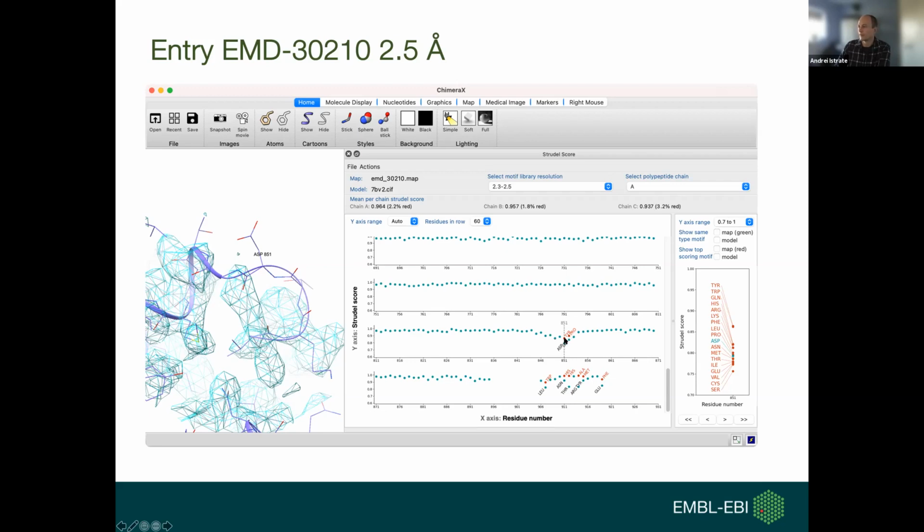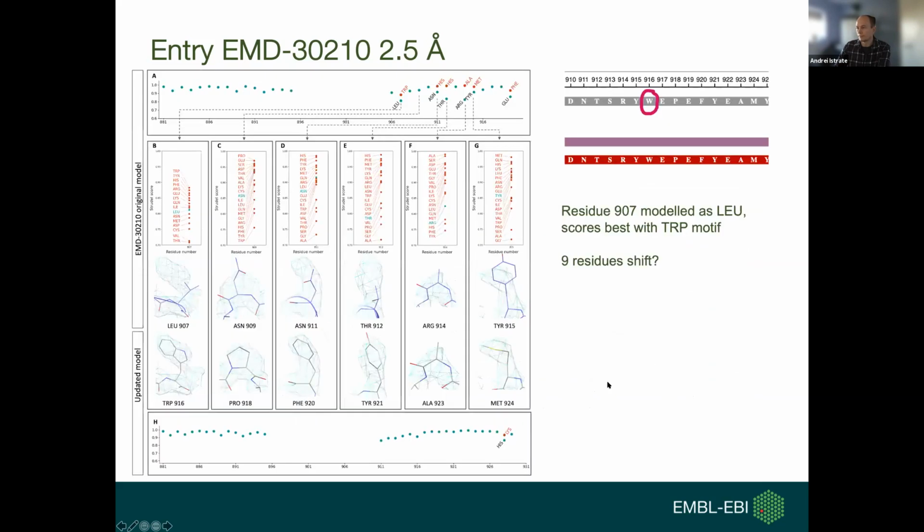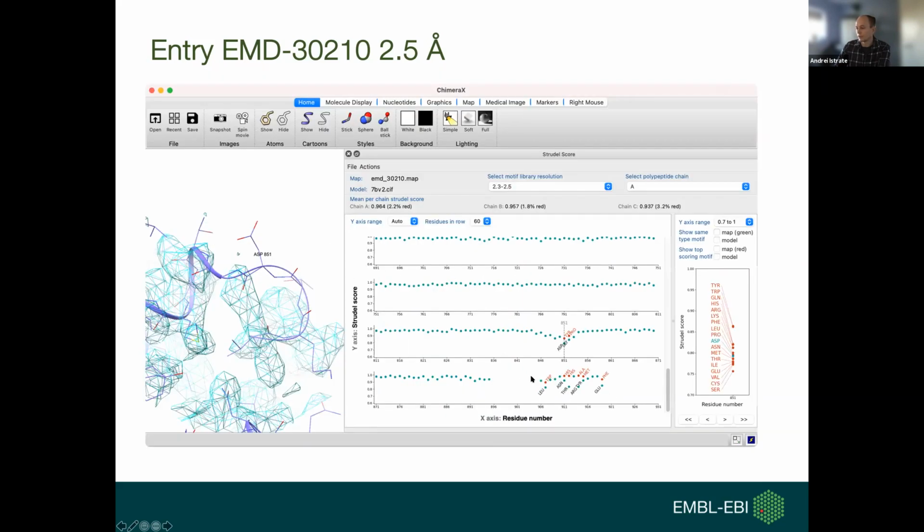And if we look at it, we can see that the chain was mistraced, and this is why the scores are low. And basically this residue is outside the map. And here there is another area of the sequence which has a stretch of outliers. So keep in mind this one.